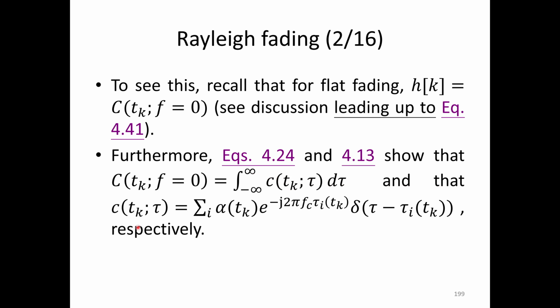And that c of tk, tau is equal to the summation over i of alpha i of tk times exponential negative j2 pi fc tau i of tk times delta of tau minus tau i of tk. This equation comes from equation 4.13.